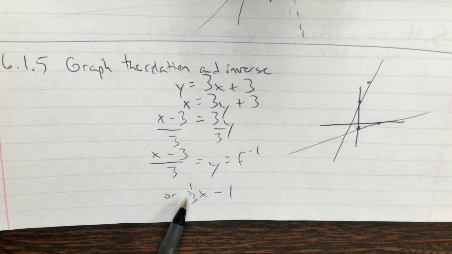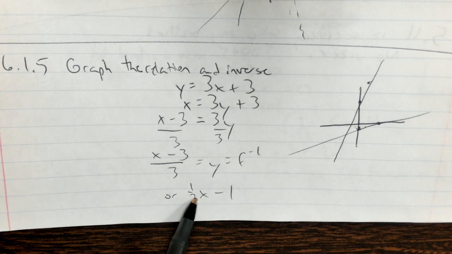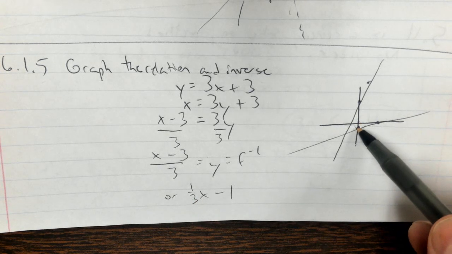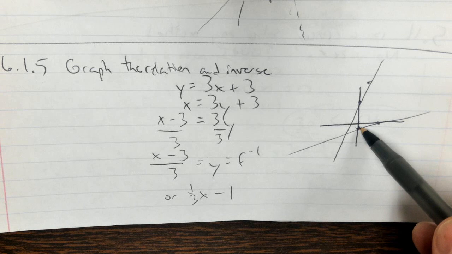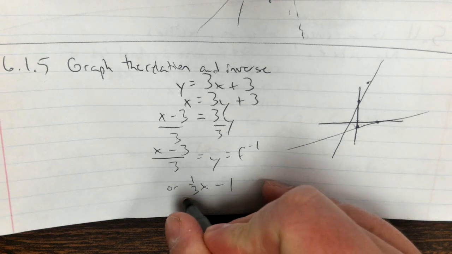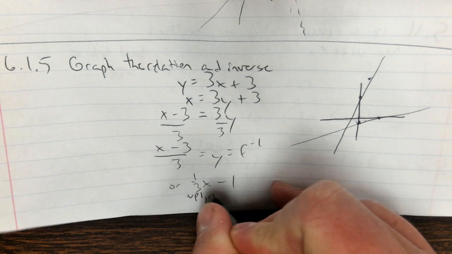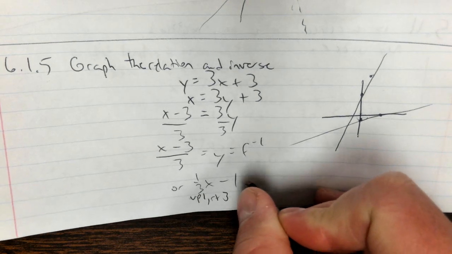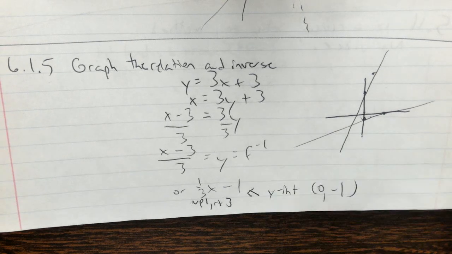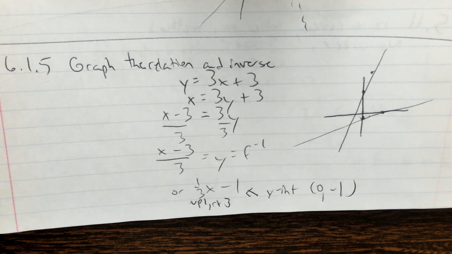I prefer the 1/3 x minus 1 when I'm graphing, because I know I could go to negative 1 as my y-intercept and then go up 1, right 3. Up 1, right 3. And this is the y-intercept, 0, negative 1.